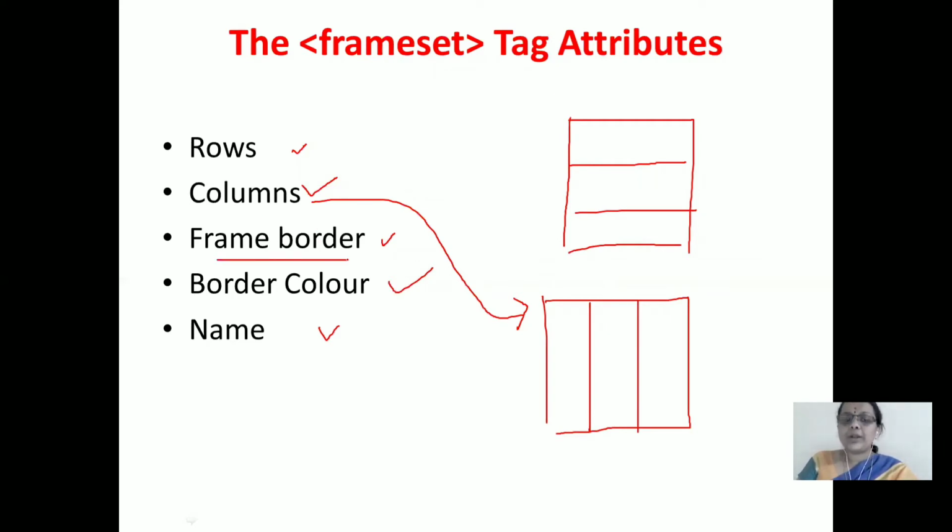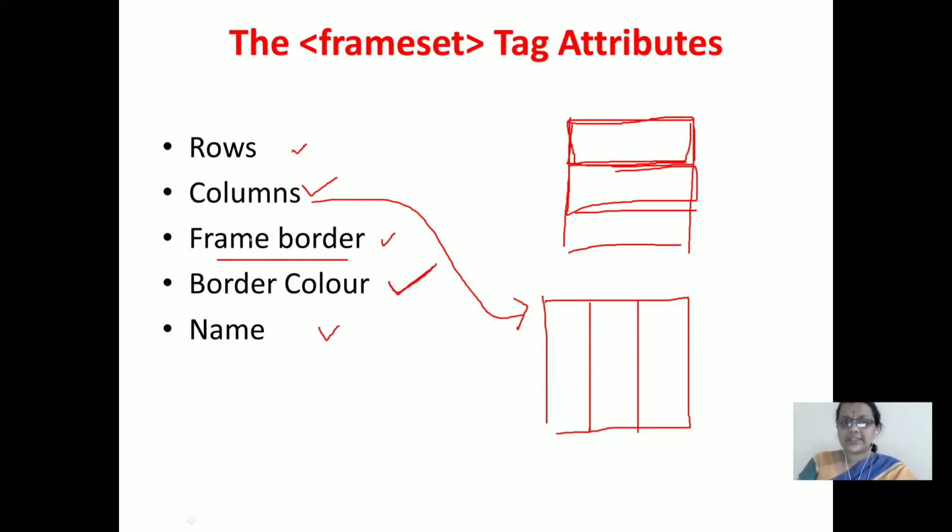And the frame border: this is the first frame, and for this border we have some attributes like border and border width, and all of this is included in the frame border. And again, the border color I can also change. For example, I can give the border color as red, or next time as black or blue. So if I want that, I can use the border color attribute.